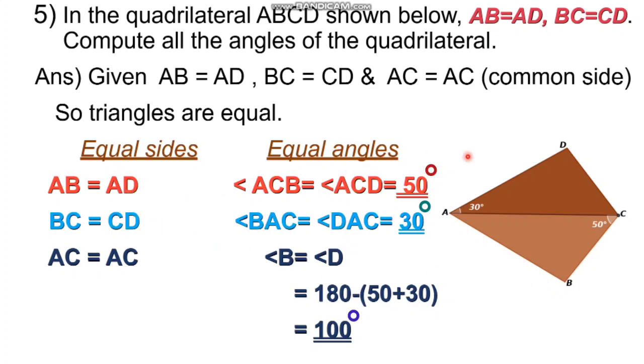Now look at side AD. Opposite of side AD is this angle, the above angle of this 50 degree, and the name is ACD. So we can write it, angle ACB is equal to angle ACD, and it is equal to 50 degree marked here. From this we got this angle and the above angle. These two are equal. That means the two angles at this vertex C are equal.